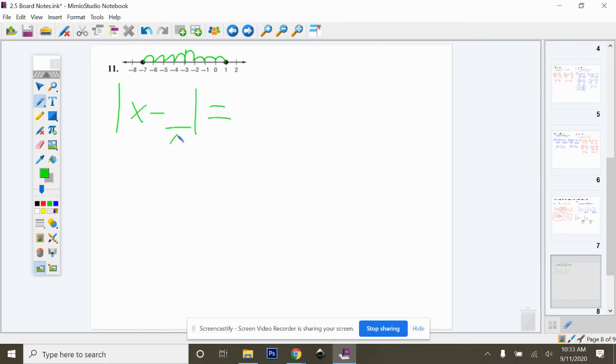We're going to fill in our middle number. We're going to fill in the distance. My middle number was -3, and I already counted my distance was 4. Here I have a minus minus, so I do need to rewrite this as x plus 3 because of the minus and the negative together equals 4. So the absolute value of x plus 3 equals 4 is my answer.